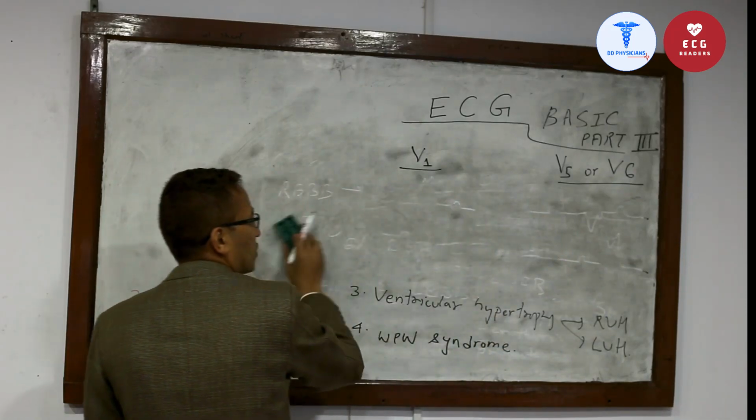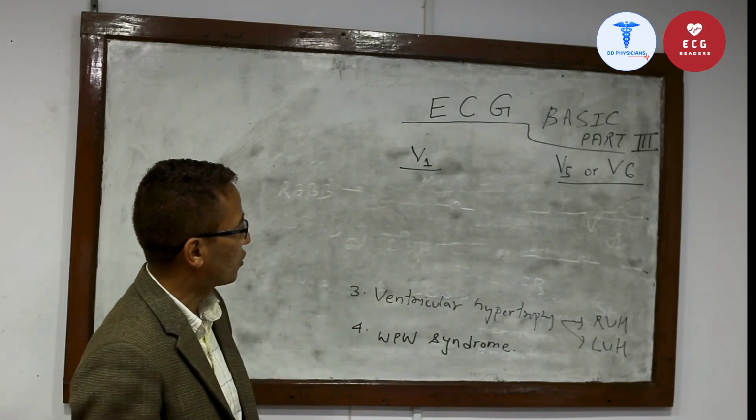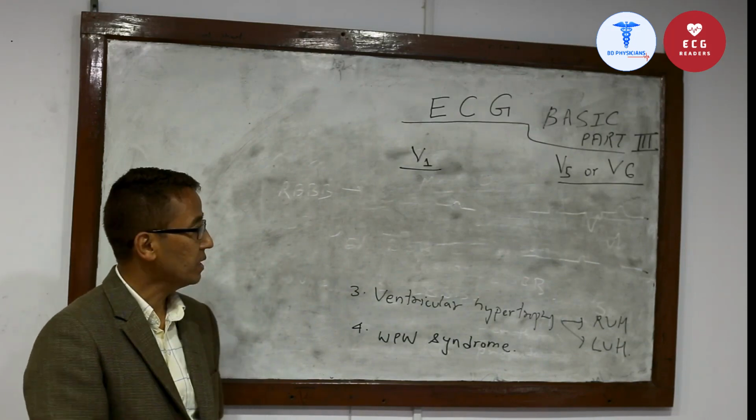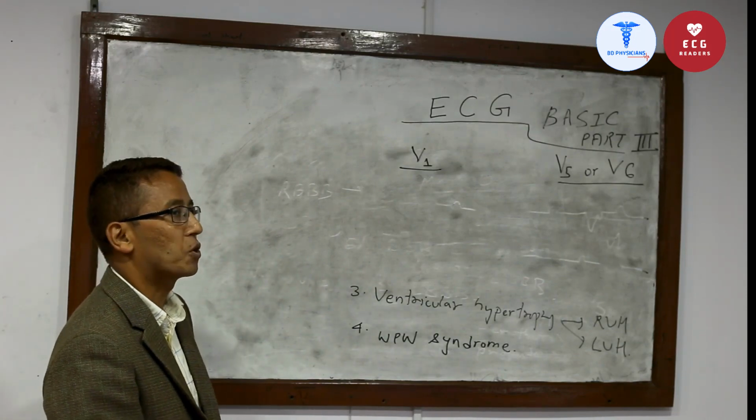So another cause of tall R wave is ventricular hypertrophy, which can be right ventricular hypertrophy or left ventricular hypertrophy.